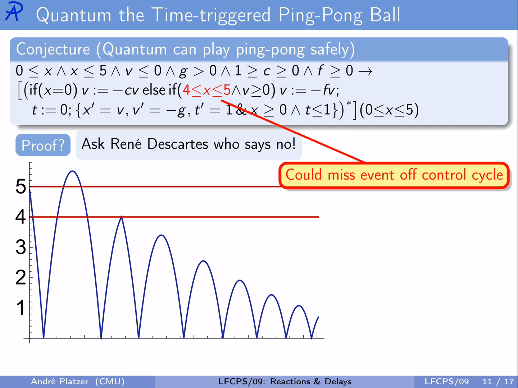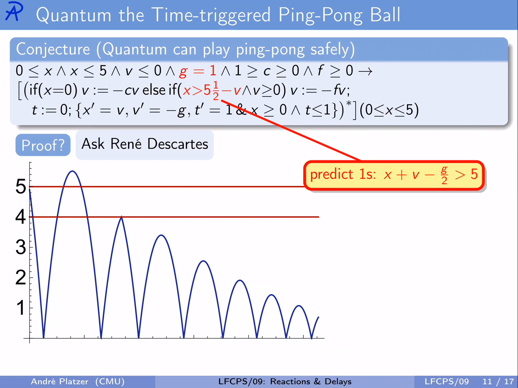And how can we find that out? Well, we can solve the ODE. So we can just predict where we are after one time unit. It's going to be current position plus current velocity minus half gravity. That's where we're at after 1 second, and we can check if that's bigger than 5, then I guess now is a good time to act.